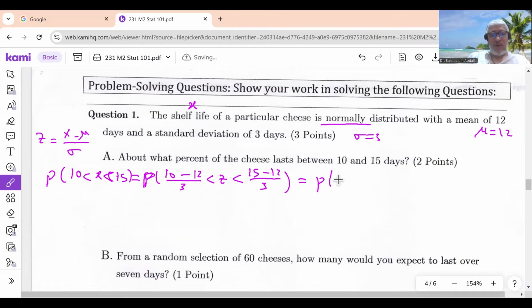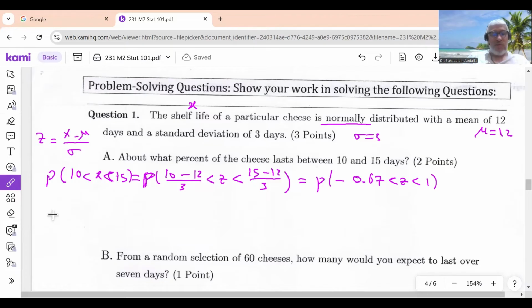This is -2/3. If you put it in the calculator and take 2 decimals, because the table works with 2 decimals, 0.666 I write as 0.67. So the probability that Z is between -0.67 and 1.